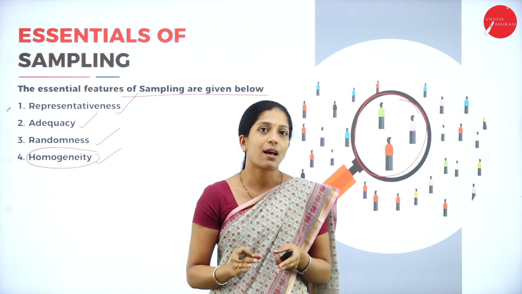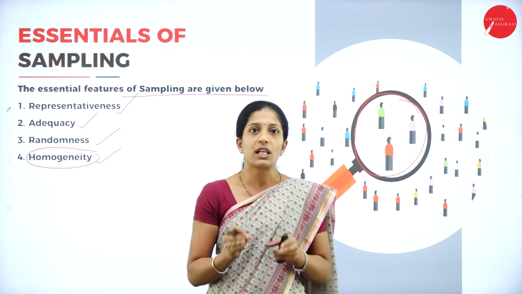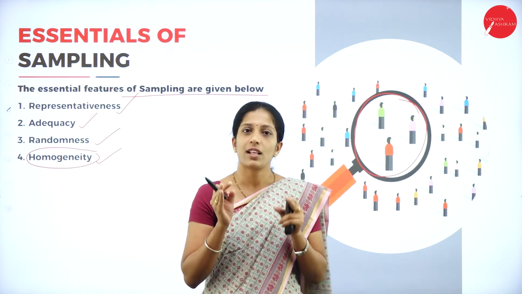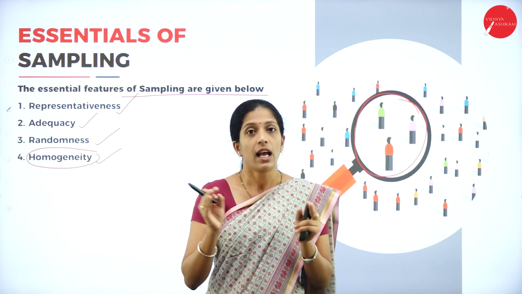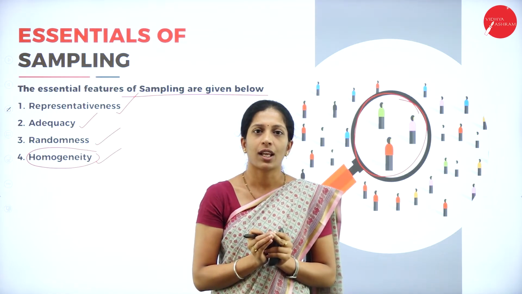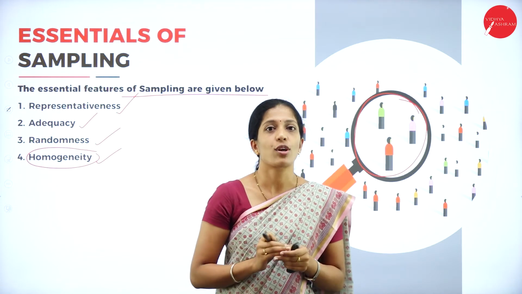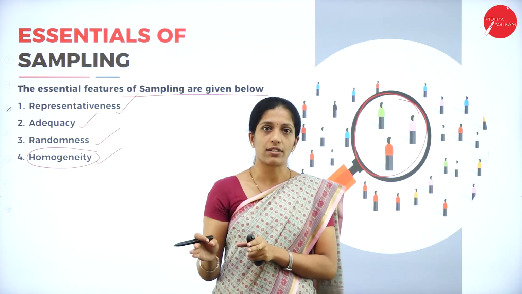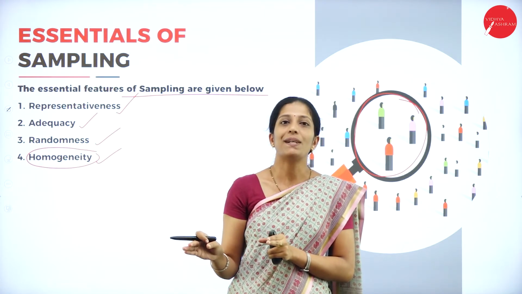In the example of students, if they want to collect information from students, then the population should be students only, and from that population the researcher has to collect the sample. In the same way, if the researcher wants to collect information from teachers, then the population will be teachers.